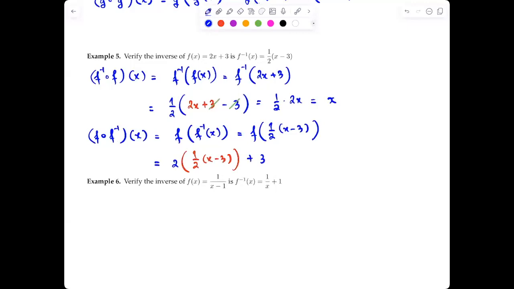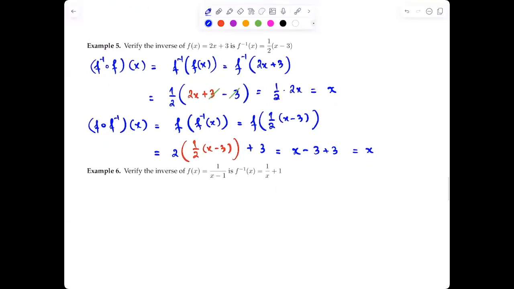Now 2 times 1/2 becomes 1, and you're left with x minus 3 plus 3. Negative 3 and 3 cancel out, and you're left with just x. Any questions?